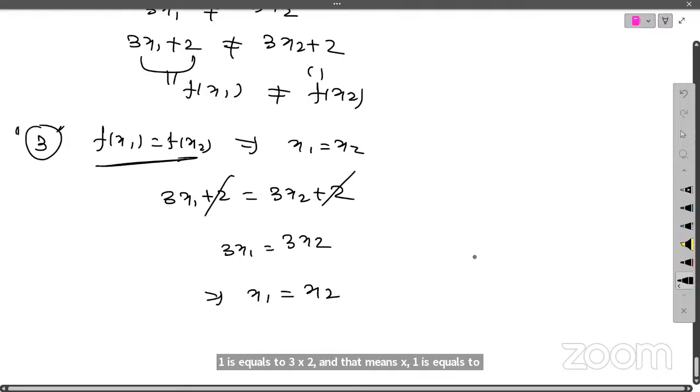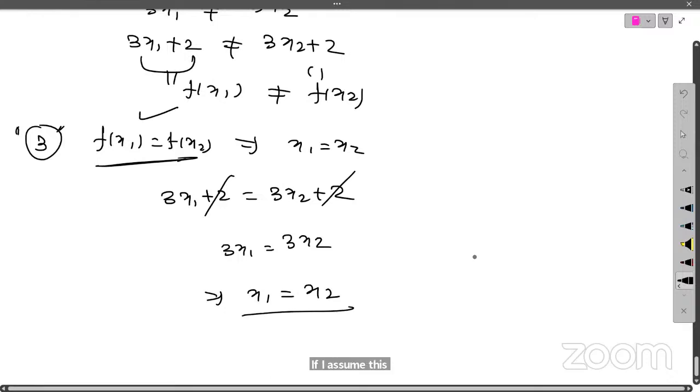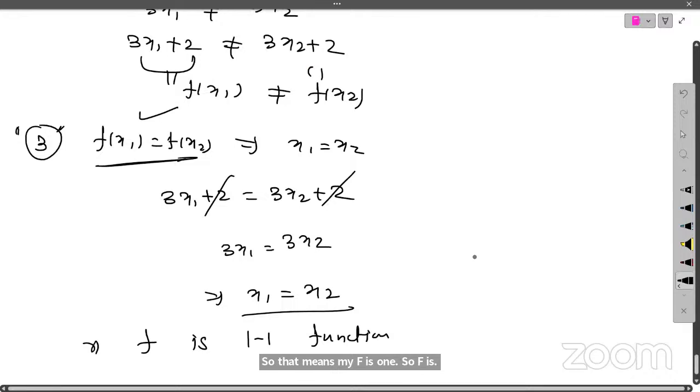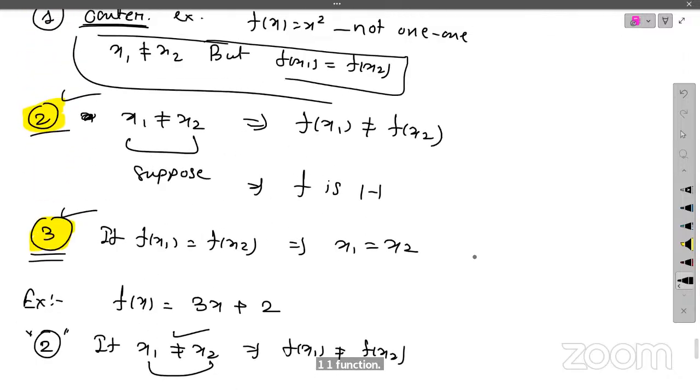So if I assume this, I can easily prove x1 is equal to x2. So f is a 1-1 function. This is one way. These two phrases are mostly used if you want to prove your function is 1-1 or not.